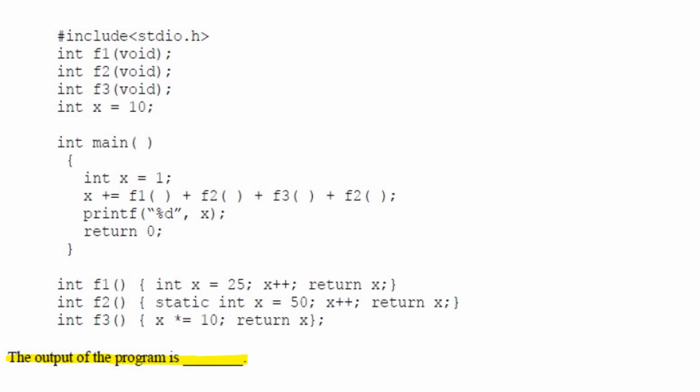So let us see. When we execute this program, we have a static global memory area, and we do also have a runtime stack, which is internally used by the language.